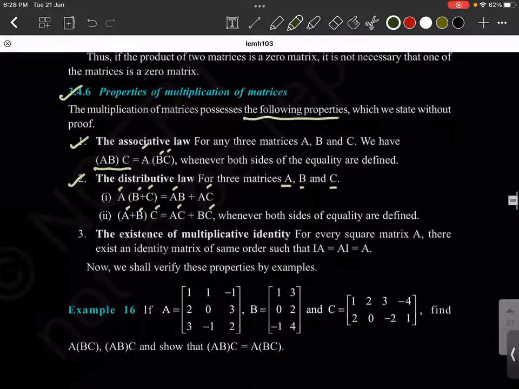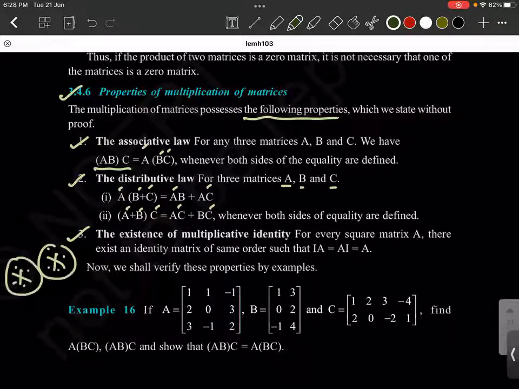The third one is existence of multiplicative identity. This is a very, very important one. This will give us the lead for inverse of a matrix. Listen to this. The existence of multiplicative identity is applicable only for a square matrix.